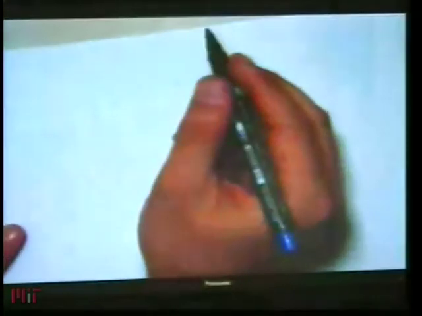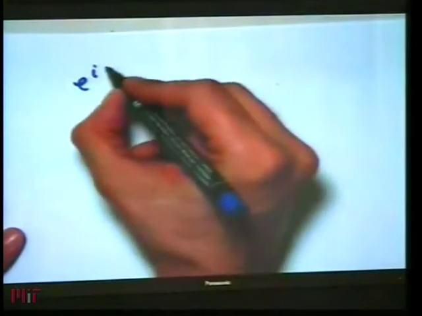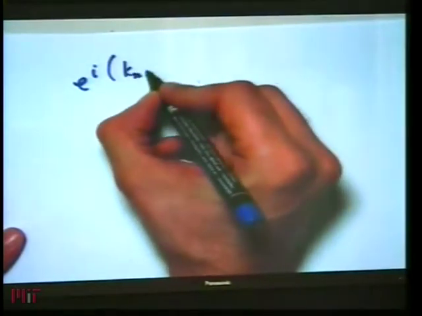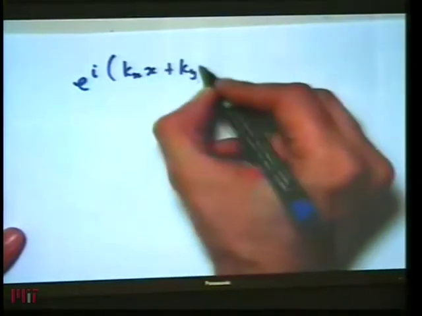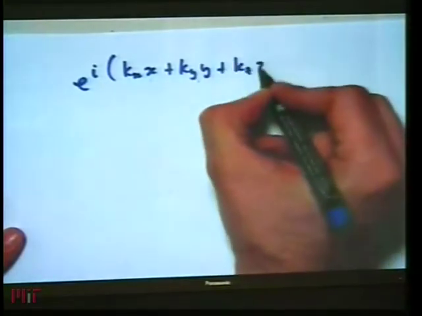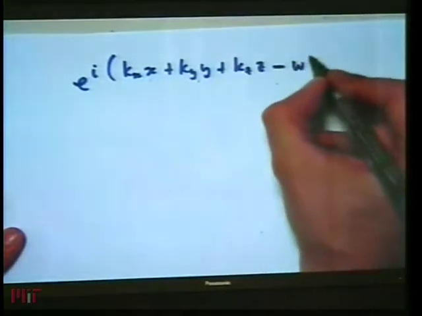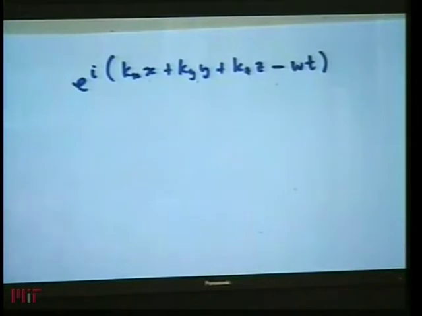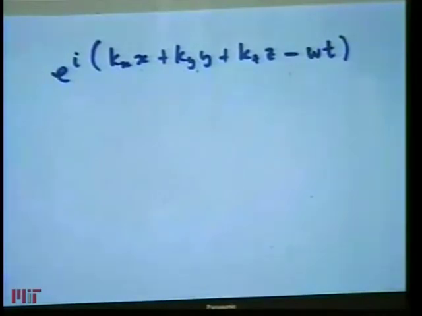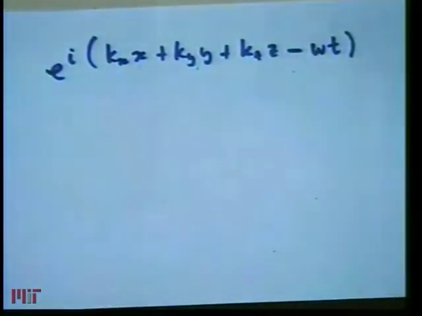I will rewrite it once again: e to the i (kx x + ky y + kz z − ωt). When we see an exponential with linear terms in the Cartesian coordinates, that's a plane wave. And now we know why, right? Because it corresponds to this moving wavefront.